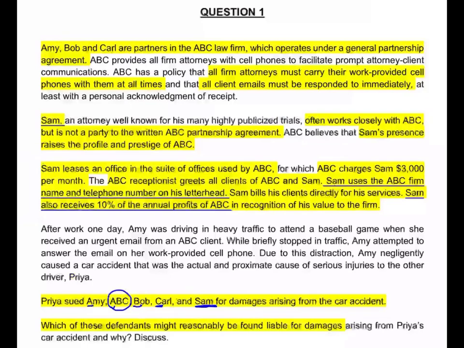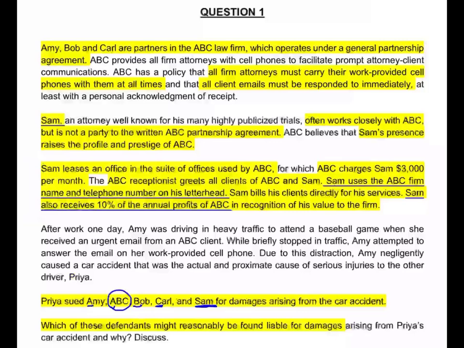The crucial fact being the profit sharing because of his value to the firm. And that is prima facie evidence of a partnership agreement with Sam. You can use all of the facts in this paragraph to show what implies intent and what does not, and then come to your conclusion.